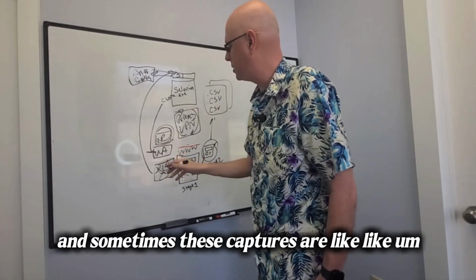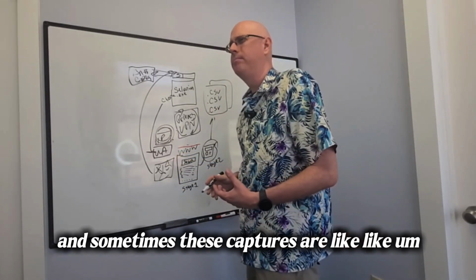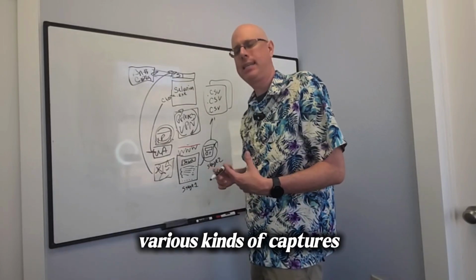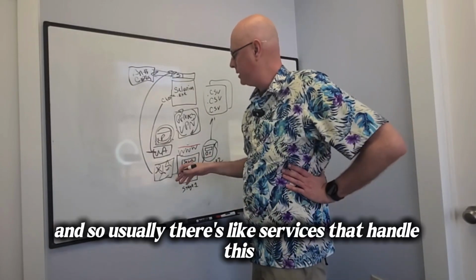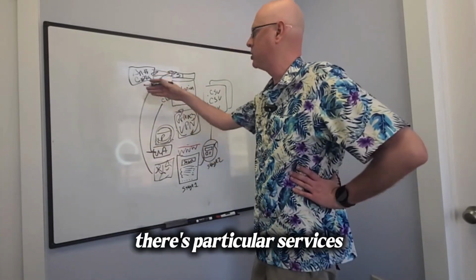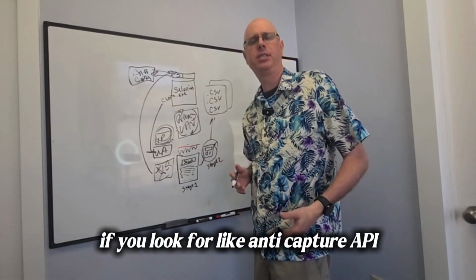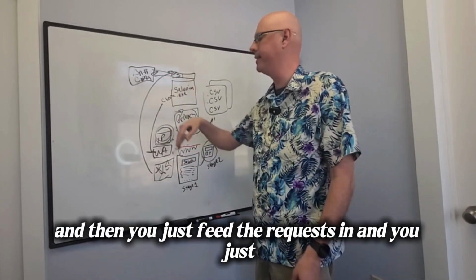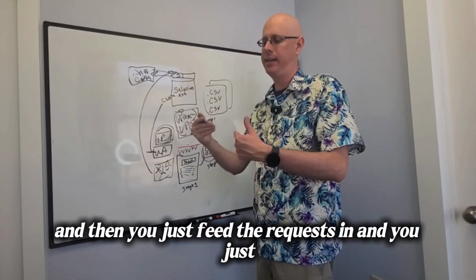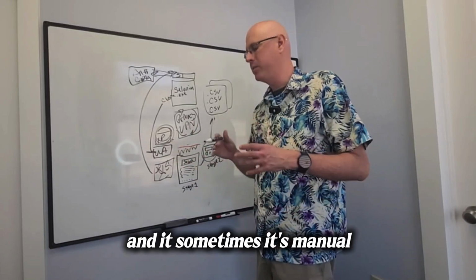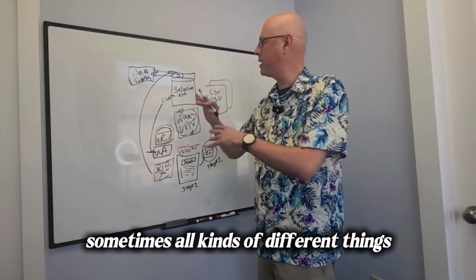Sometimes these CAPTCHAs are reCAPTCHA v3, reCAPTCHA v2, various kinds of CAPTCHAs. Usually there are services that handle this. If you look for an anti-CAPTCHA API, you just buy coins, feed the requests in, and you pay to beat the CAPTCHAs. Sometimes it's manual, sometimes it's AI, sometimes all kinds of different things.